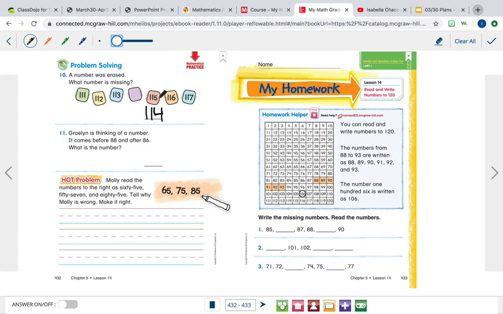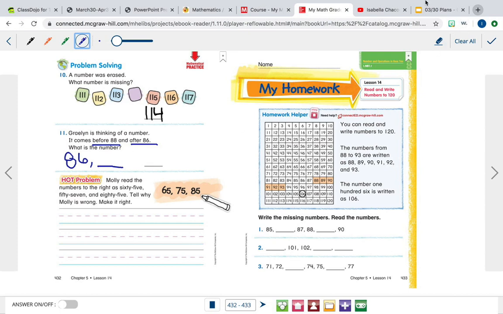Let's read this word problem. Graylin is thinking of a number. It comes before 88, so it's before 88. Let's do blue. It's before 88 and after 86. So we have 86, a blank number.